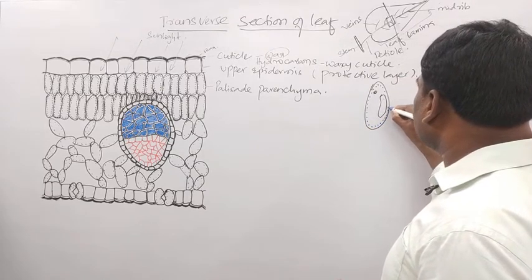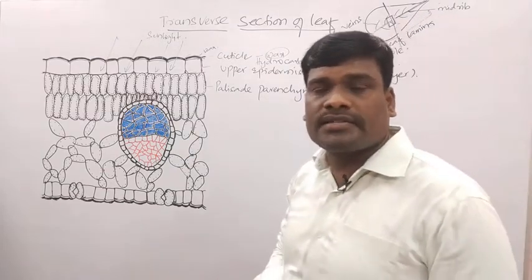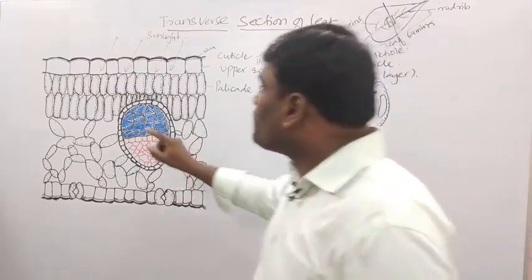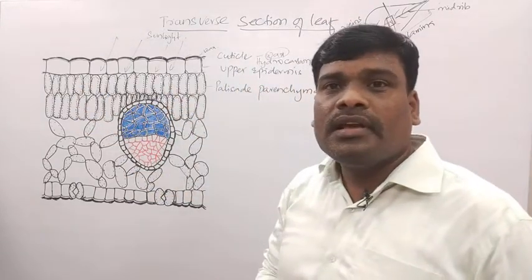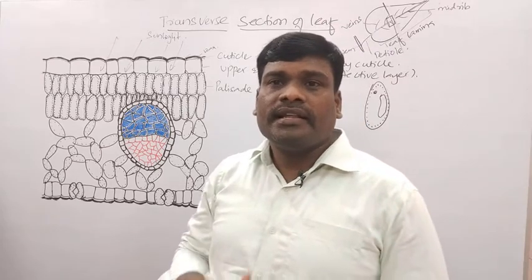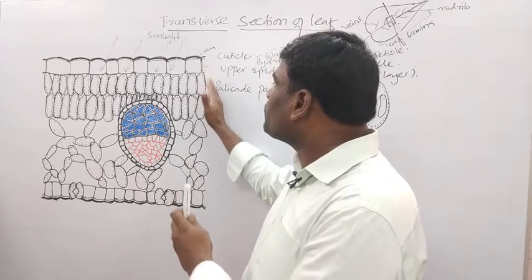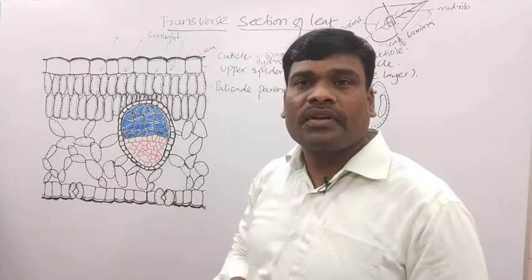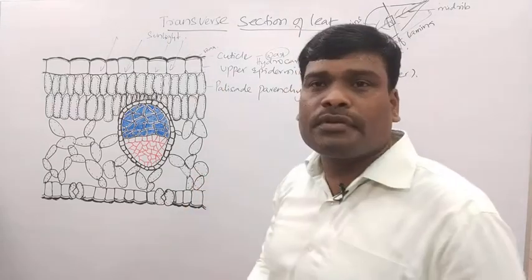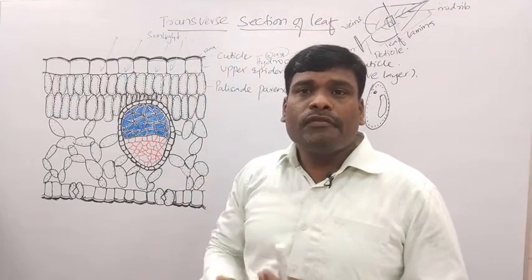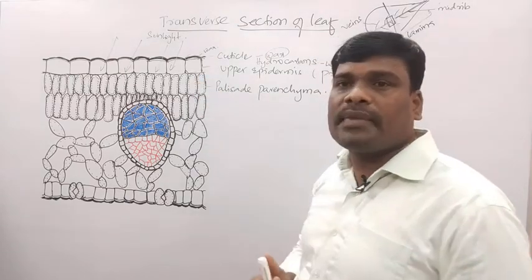In the palisade cell, children, there are so many what? Chloroplasts. Because of the presence of chloroplasts in this type of cells, we can understand that the maximum photosynthesis occurs in these cells, children. Got it? So the maximum site of what, children? Photosynthesis, because so many chloroplasts are seen in the palisade parenchyma, children.